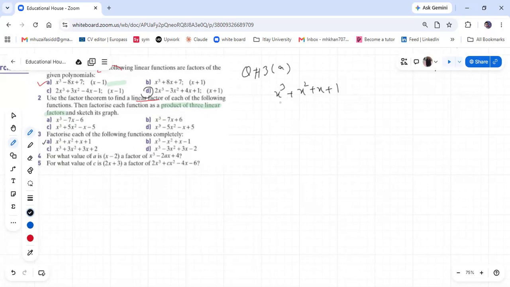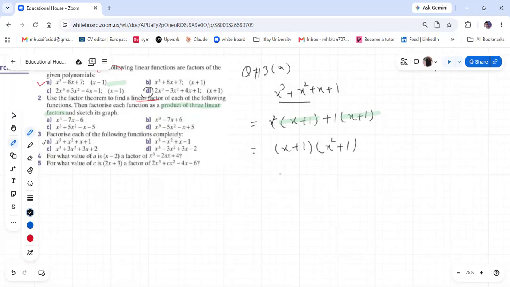If we take x square common, this is x square times x plus 1, plus 1 times x plus 1. Our factorization method is okay on the behalf of this. Again we take x plus 1 common, and this is x square plus 1. Got it?